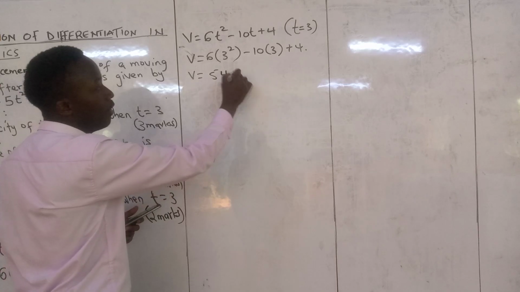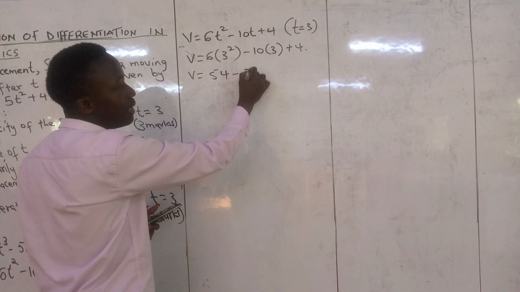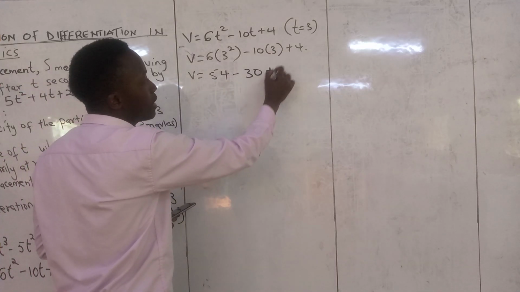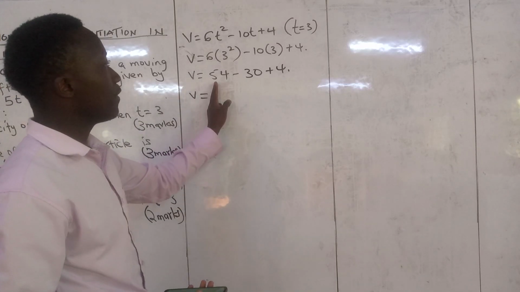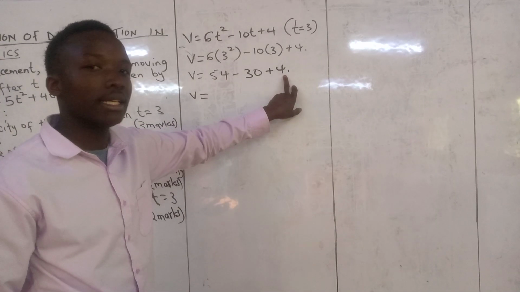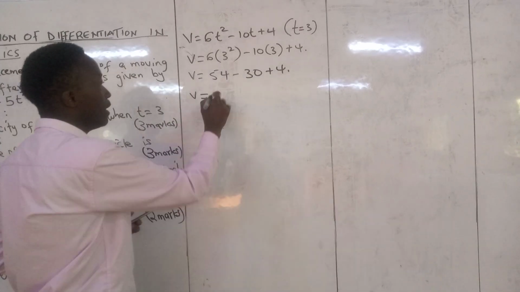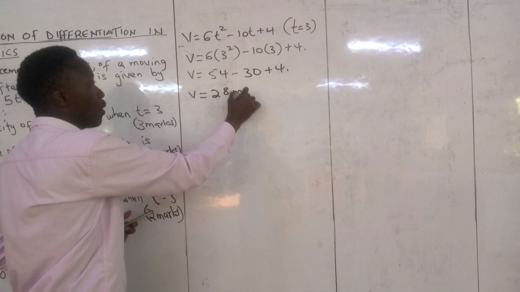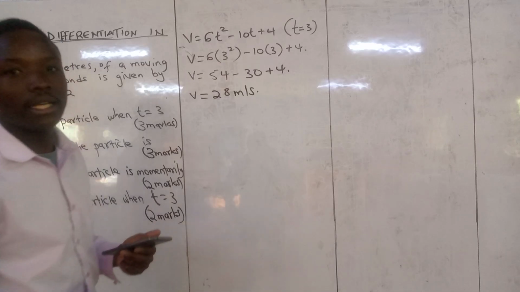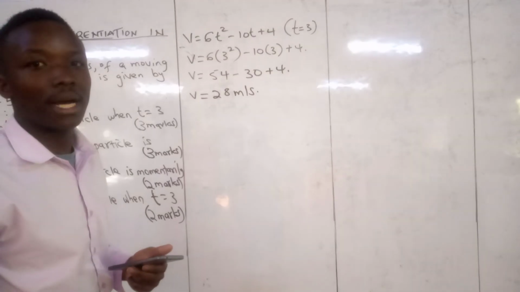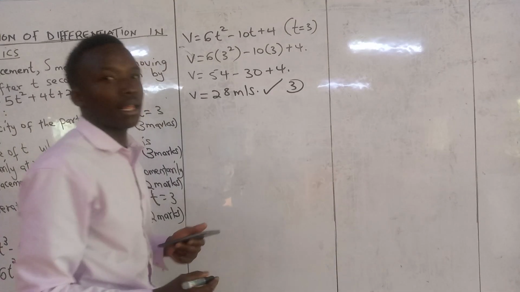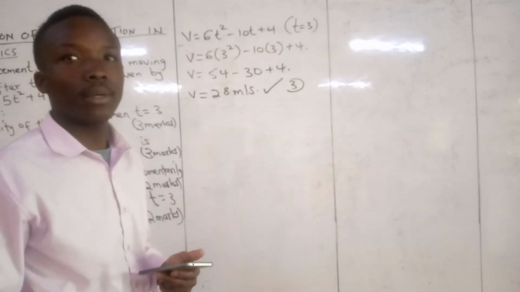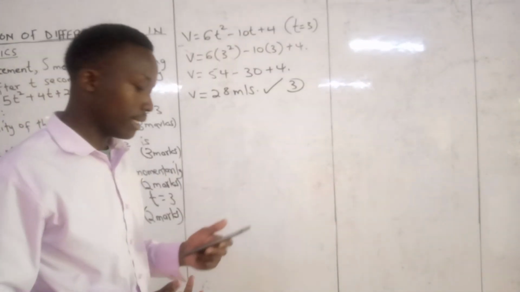So you have 54 minus 10 times 3 is 30 plus 4. By the rule of addition first, we add 54 plus 4 is equal to 58. 58 minus 30 will definitely give us 28. So our velocity will be equal to 28 meters per second. That will earn us 3 marks.